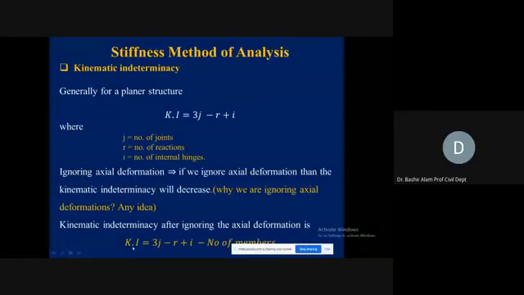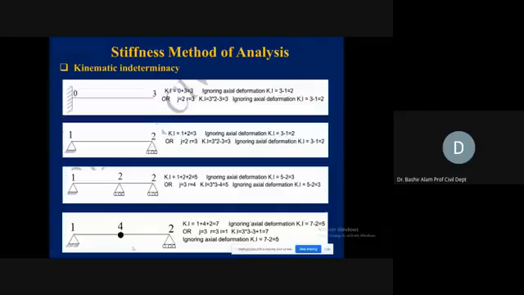Why we are reducing it? Because its effect is negligible, and if you ignore them, you now end up with less kinematic indeterminacy, less number of simultaneous equations you will be needing, less solution difficulties you will be facing, and quickly you can solve the problems then with less effort.